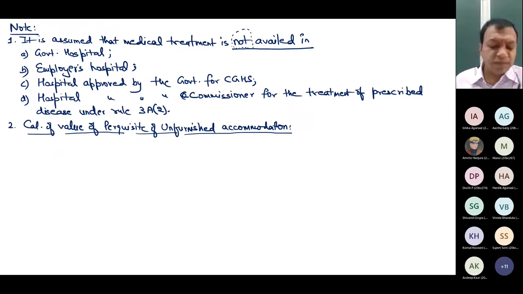If you remember, it is an unfurnished accommodation which is taken on rent by the employer. It is not owned by the employer. If it is taken on rent by the employer, it does not matter whether it is being provided at Delhi or in any other city. Population of the city does not matter when accommodation is taken on rent by the employer. So what is the value?